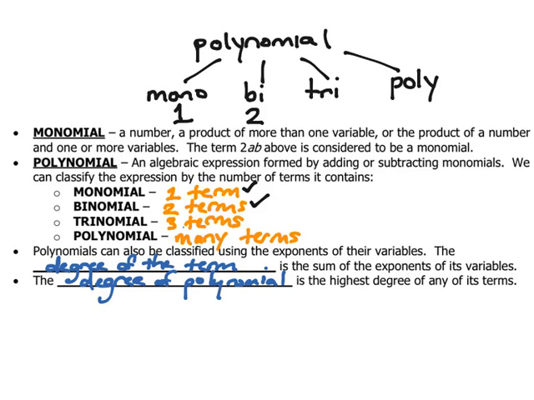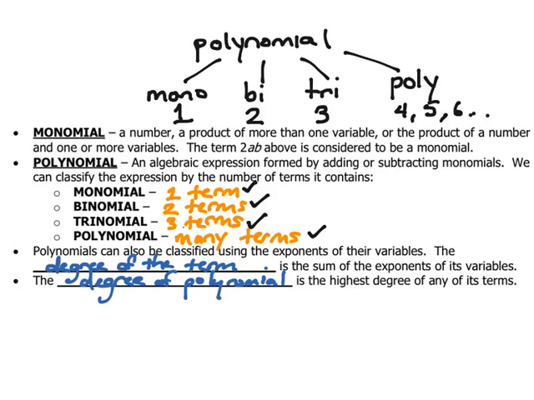Like a triangle has three sides, so tri means three, and if you have three terms in your polynomial, it's going to be called specifically a trinomial. Now anything bigger than 3, like 4, 5, 6, and so on, we're just going to call poly. Poly means many, so many terms. So anything above 3, we're just going to label it polynomial.